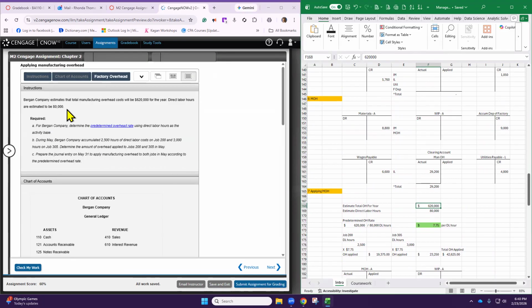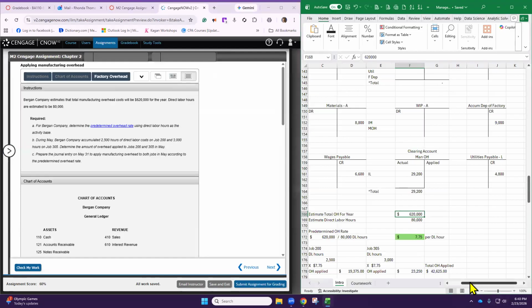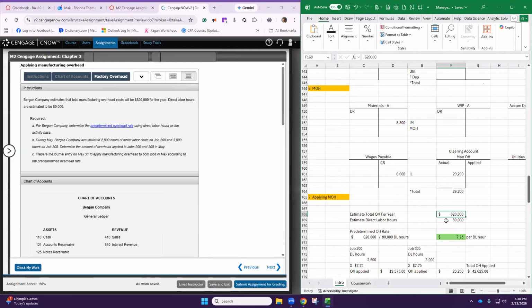It says Bergen Company estimates total manufacturing overhead costs will be 620,000 for the year. Direct labor hours are estimated to be 80,000. So I've got these two numbers here. Remember, the total manufacturing is dollars, but the direct labor is hours.